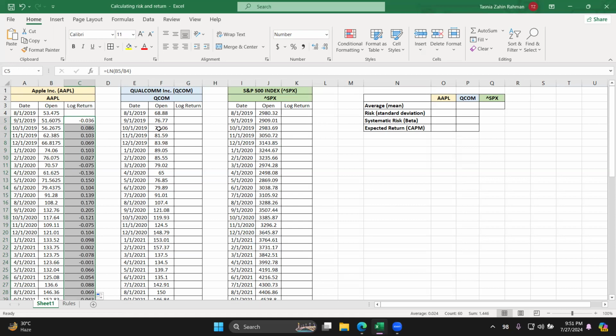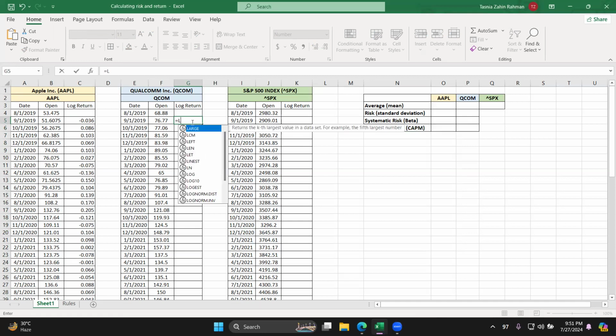The same process will be done for QCOM and the index. Remember to have your answers to 3 decimal places at least. This one divided by the one on top.